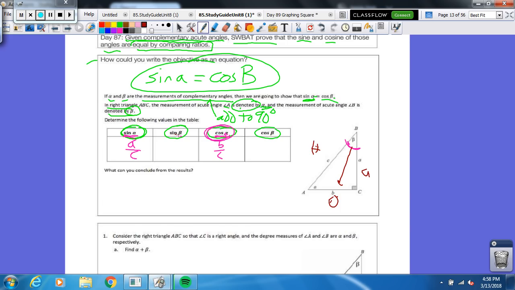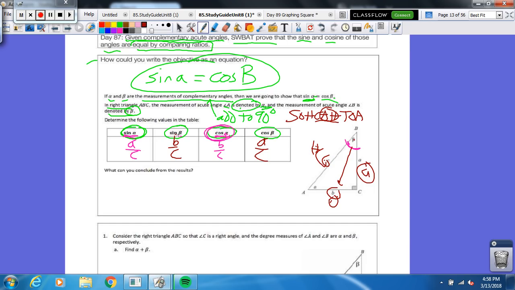So that is B over C. Cool. What's the cosine of beta? That's the adjacent over hypotenuse, because we have SOH CAH TOA. I've memorized this, but you can write that out if you want. Adjacent A over hypotenuse. Boom.